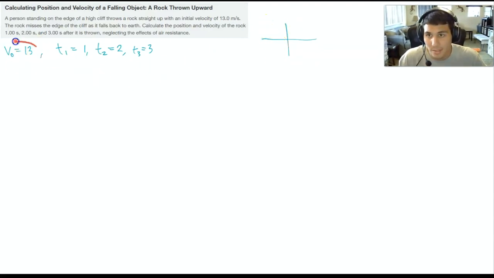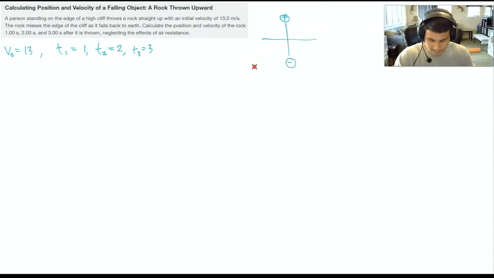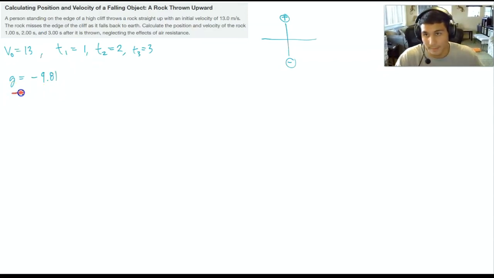The fact that I said V0 is positive, since we're throwing it up, means that we're going to call upwards our positive direction, and downwards our negative direction. So what does that mean? Well, what direction does gravity go? Gravity goes downwards, so gravity is negative. So gravity is negative 9.81. Okay, so that's important.